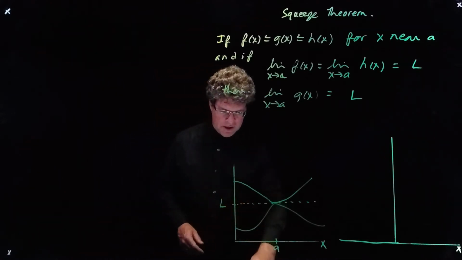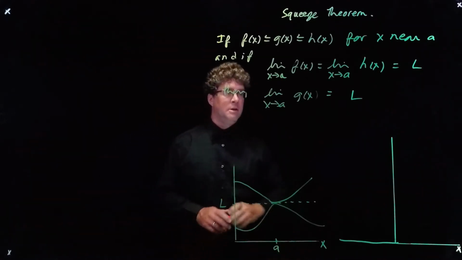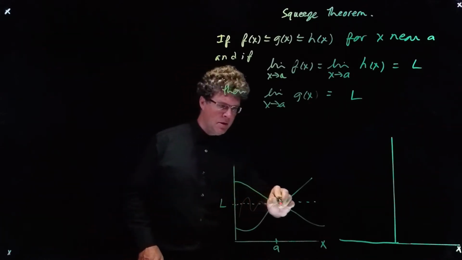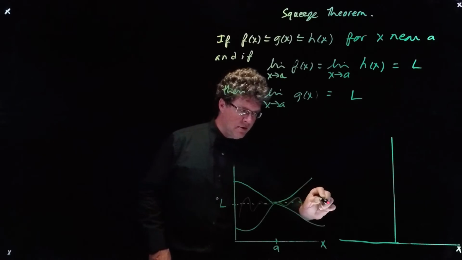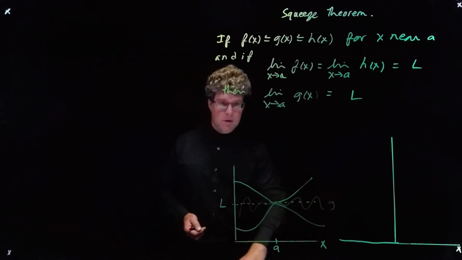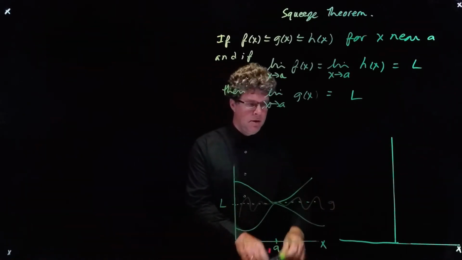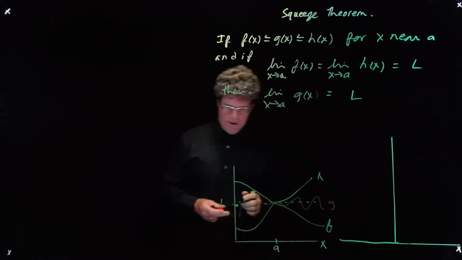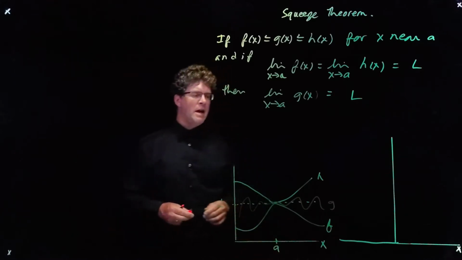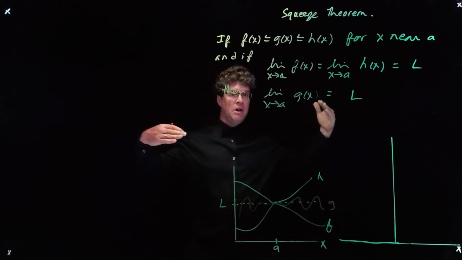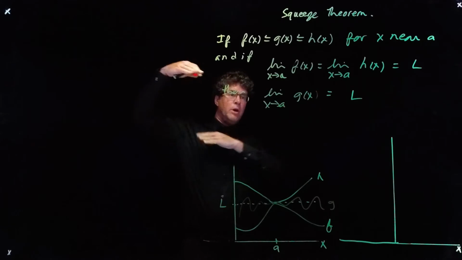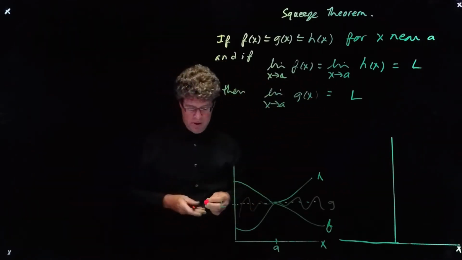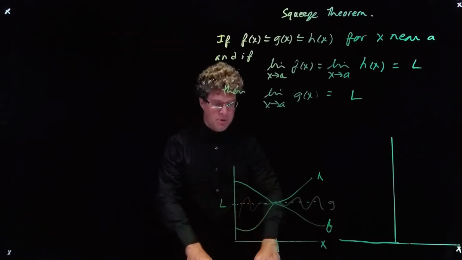And then we're interested in our function g, which is in the middle, which could be doing any kind of thing. So this is g in the middle, and we have h on the top and f on the bottom. And so the idea is if both h and f come together at a point in the middle, then g has to be sandwiched in between h and f, and it has to attain the same value.